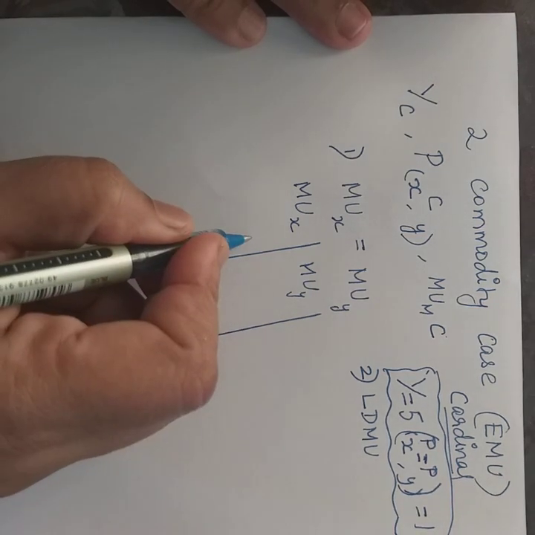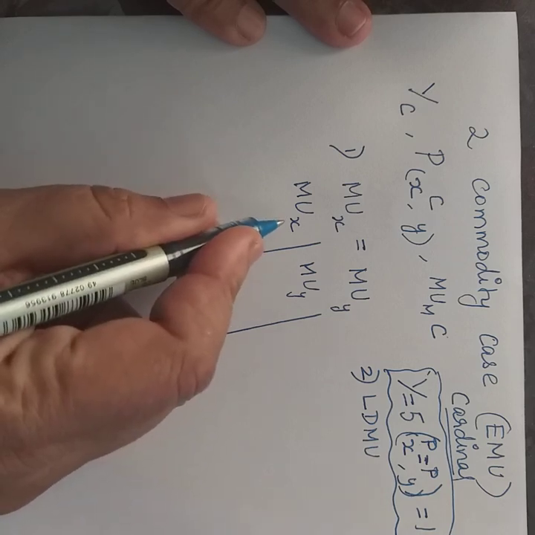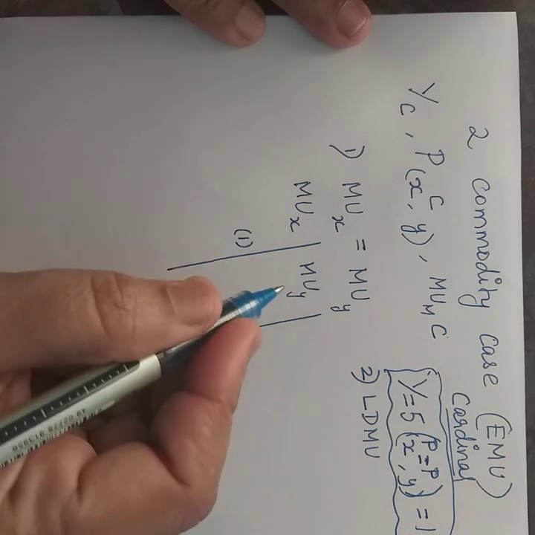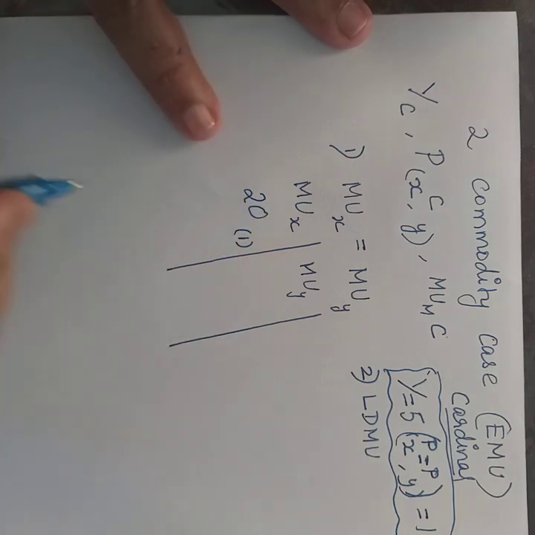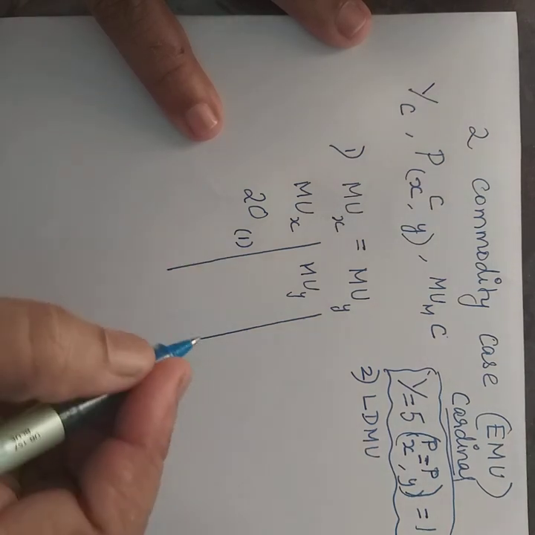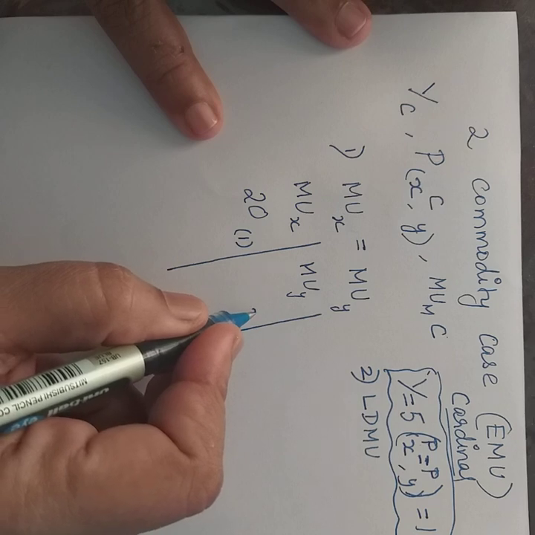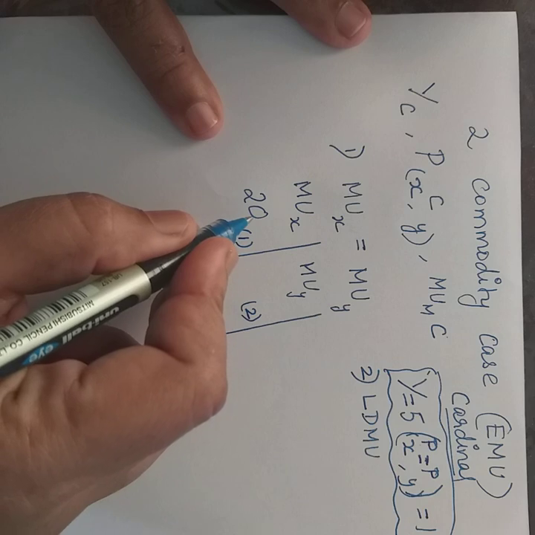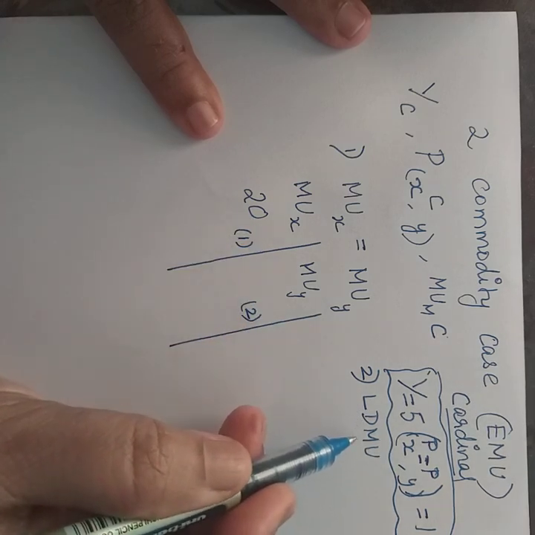So let's say the first rupee is going to be spent on purchase of X commodity, and that might give him maximum utils. So 20 utils is what the consumer attains from X commodity. And the second rupee, if the consumer is going to spend on Y commodity, then utils derived should be lesser than the first one, because remember DMU should be operational.